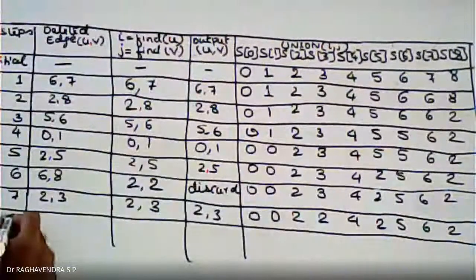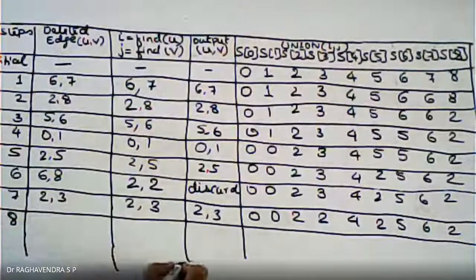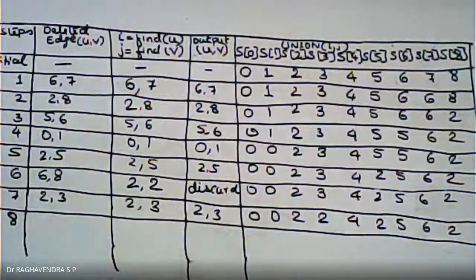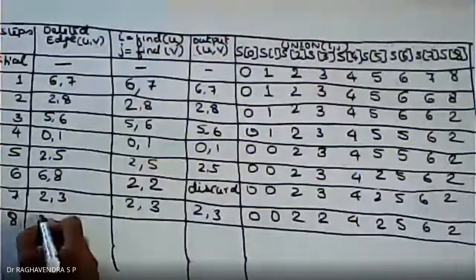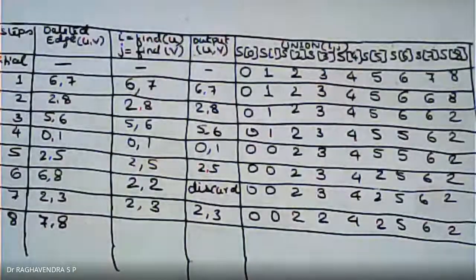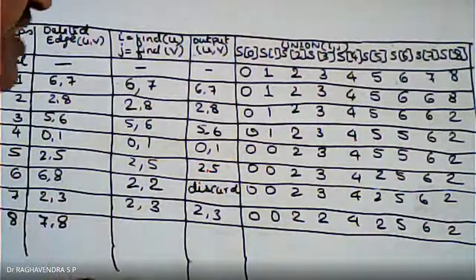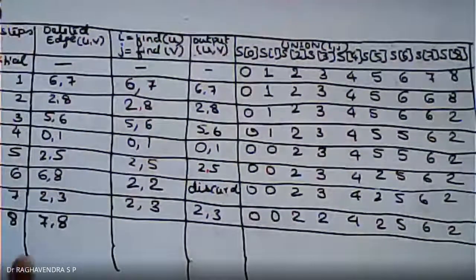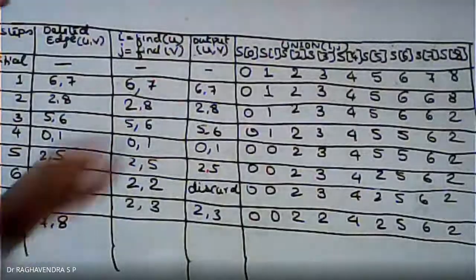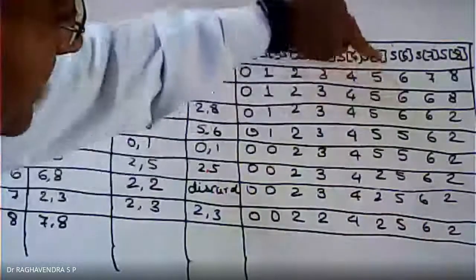Next, go to the 8th step. Identify the next edge: 7, 8. Then, what is the root of 7? Root of 7: 6. But 6 is also present here.